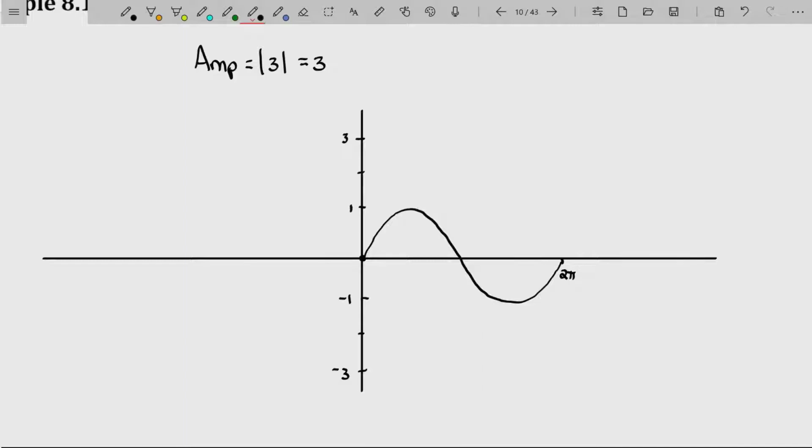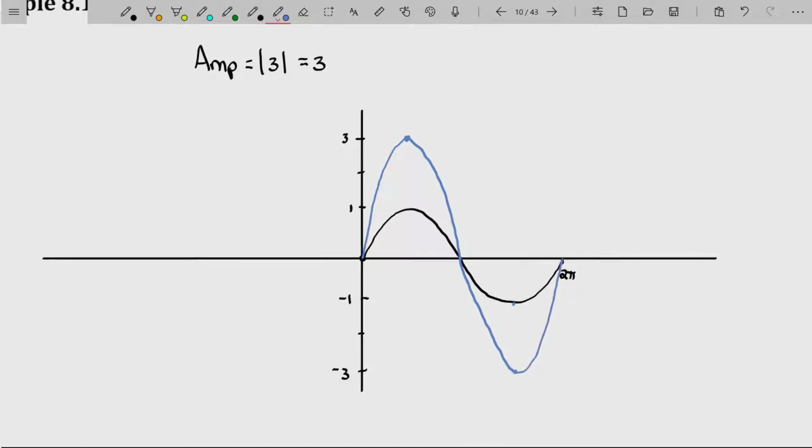Really what's happening is that it is stretching things vertically away from the x-axis, but because you don't have something that often comes back to the x-axis or oscillates, you can't actually see that stretch. But here you will see that stretch. The y value that was at 1 before is now at a y value of 3, and so we get this look here. And the y value that was at -1 is now at -3.